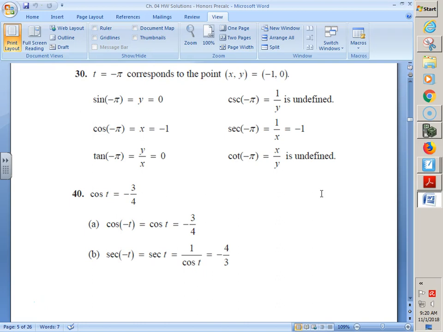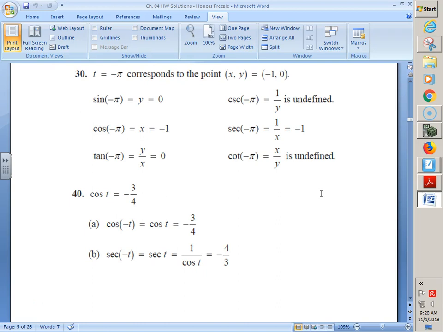Number 40 forced you to use the even and odd properties. You could have been so confused if you didn't look at the formulas that we wrote down yesterday regarding even and odd. Cosine of a negative always stays the same. Cosine is even. Secant might have been a little bit harder, but if you looked at your formulas, cosine is x and secant is 1 over x.